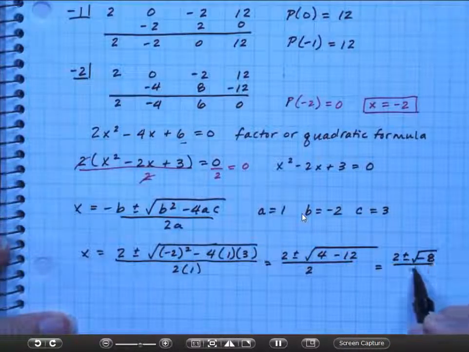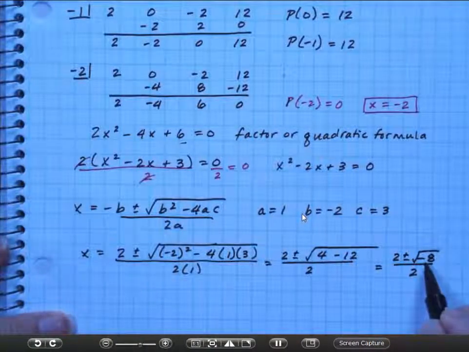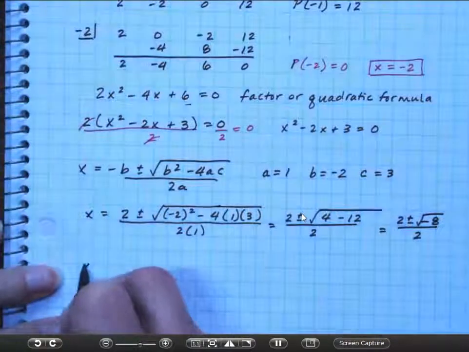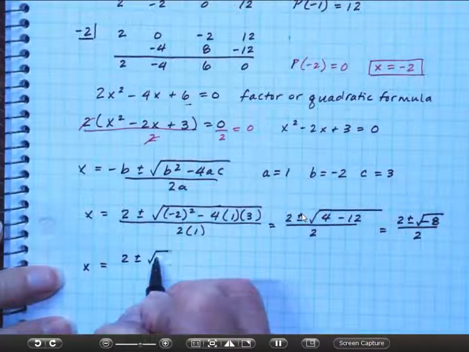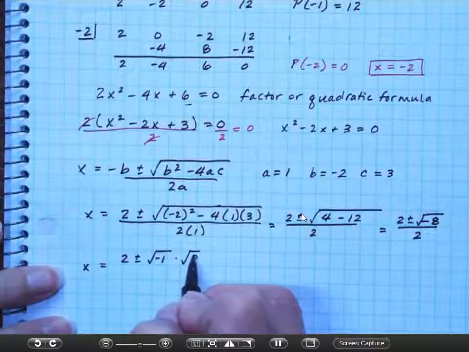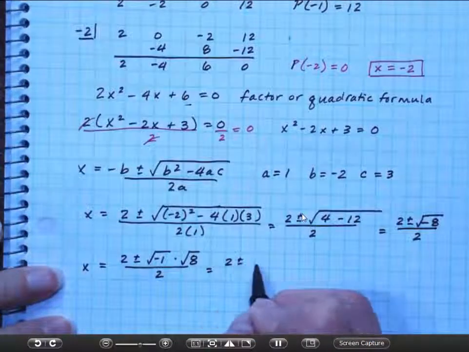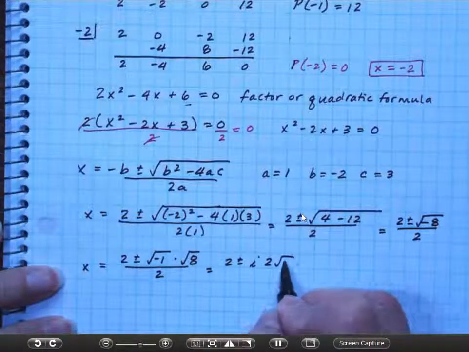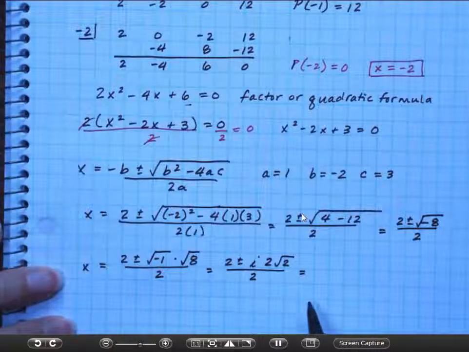So when I end up with a negative 8, I know that I'm talking about a complex zero. I need to make sure that I put in an i. So I'm going to rewrite this as 2 plus or minus the square root of negative 1 times the square root of 8 all over 2. The square root of negative 1, I get i. And the square root of 8, I can simplify to 2 square root of 2, all over 2. Then I'm going to make sure that I divide each one of my numerators by 2.